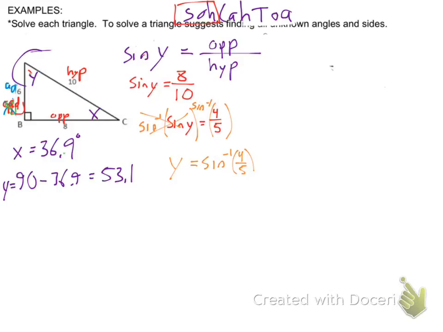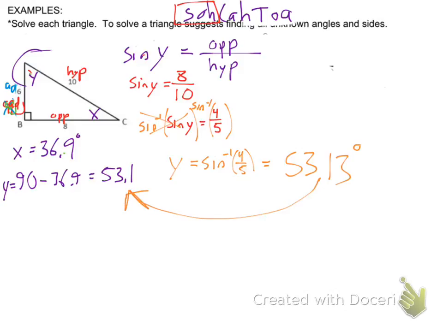Okay, so we put that on our calculator. I asked you to start bringing that every day because you're going to need them, trust me. And we end up with, make sure you're in degrees, 53.13 or 53.1. We got the answer that we said we should have gotten.